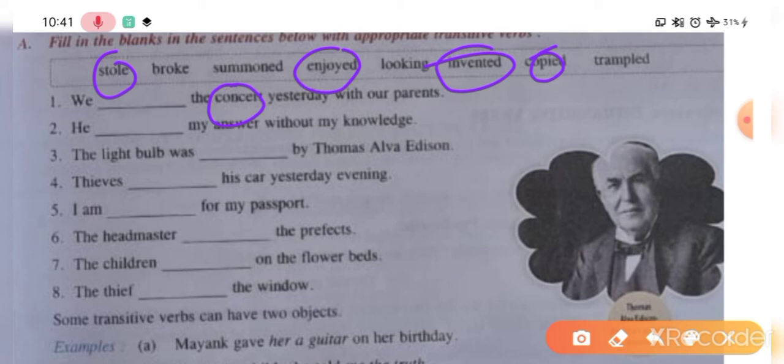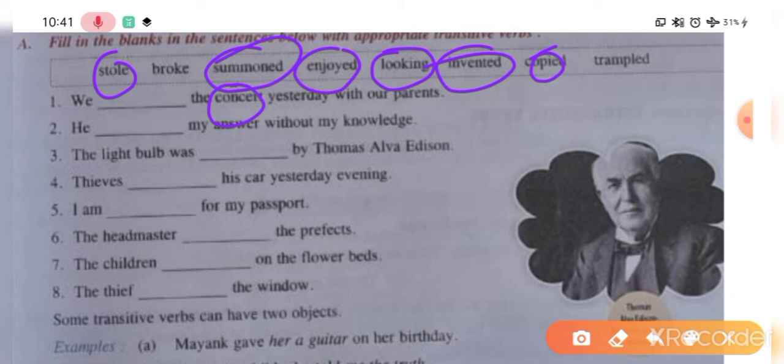Okay, I am looking for my passport. And the headmaster summoned. Summon is a call, a legal call. Like if somebody is called by the court, that is summoned, the word we can use, or any authority is calling. So here the headmaster is calling the prefects, who are in charge of school discipline.